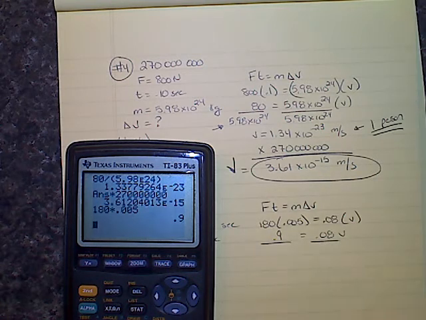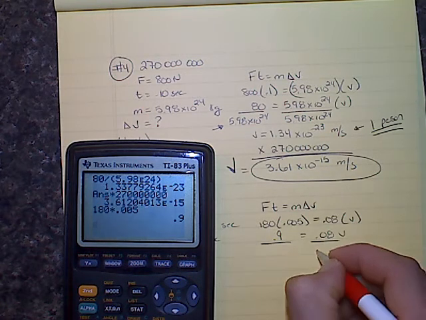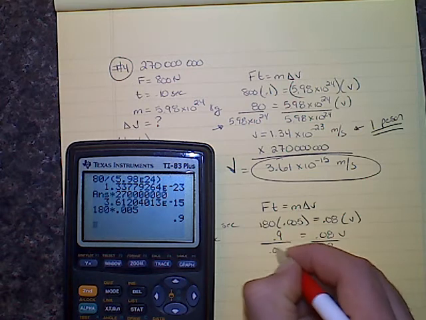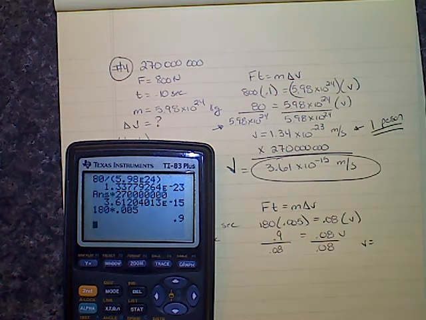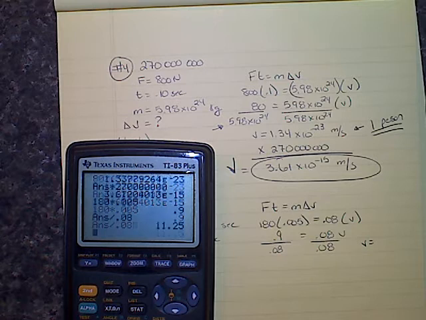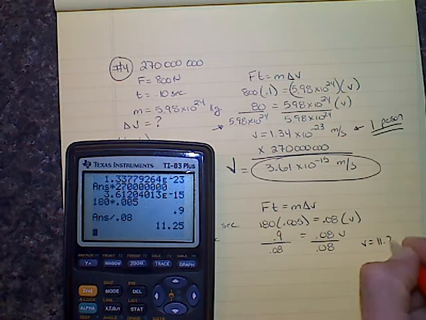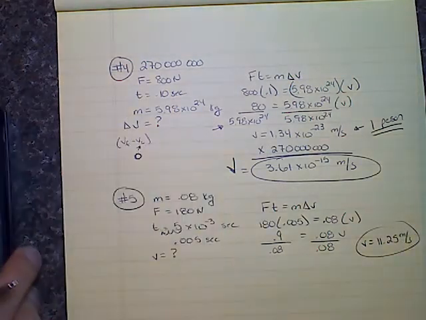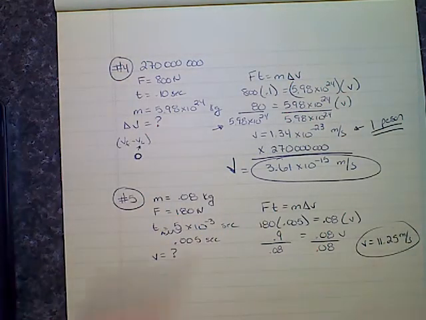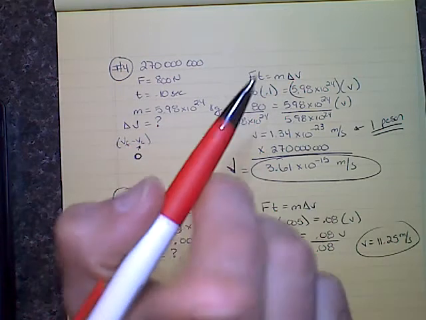And what do we do, class? You got it. You divide. Good job. And we find out that v equals 11.25 meters per second. Always remember your units. Always.